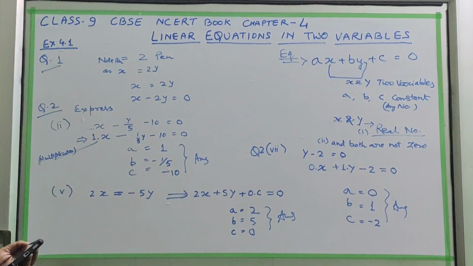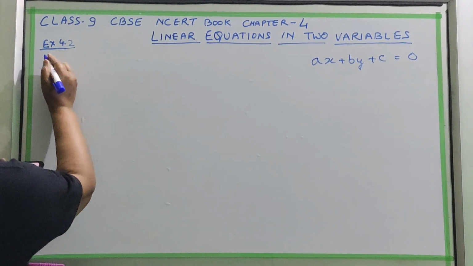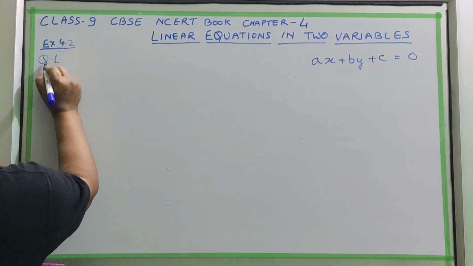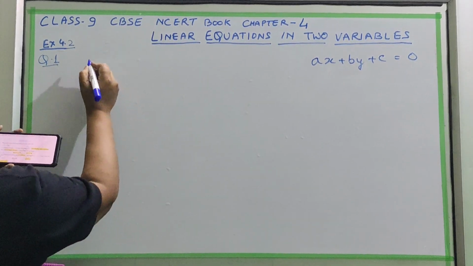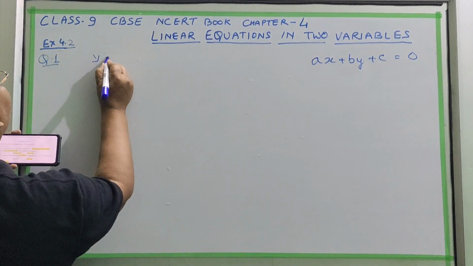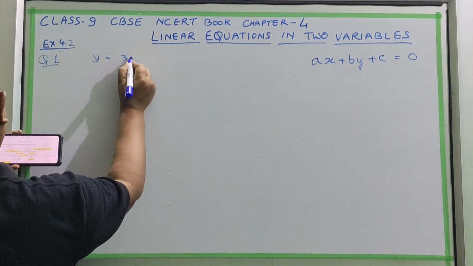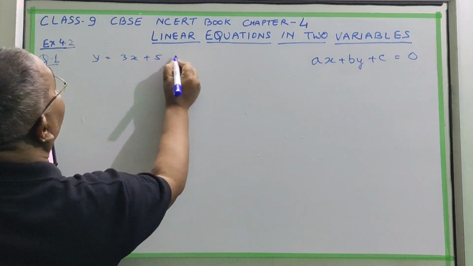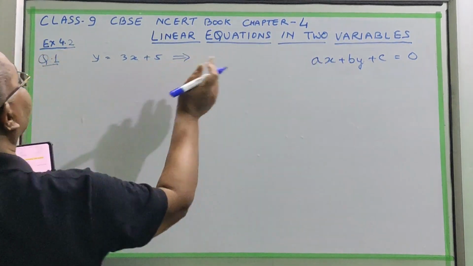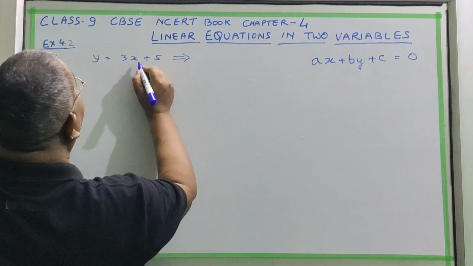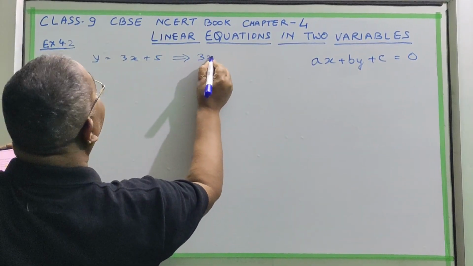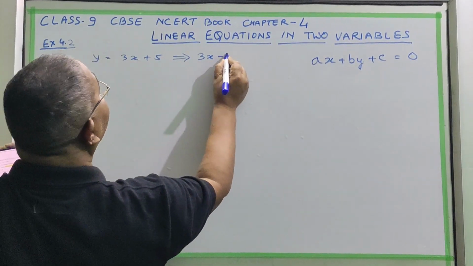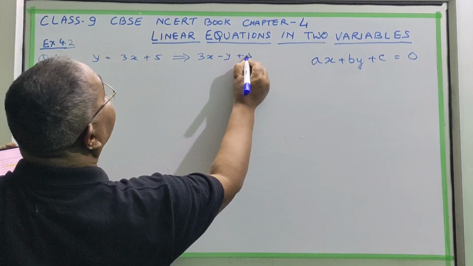Okay, now we will go to the next question. Exercise number 4.2, question number 1. Here they are asking y equal to 3x plus 5. We can write this in this form: 3x minus y plus 5 equal to 0.